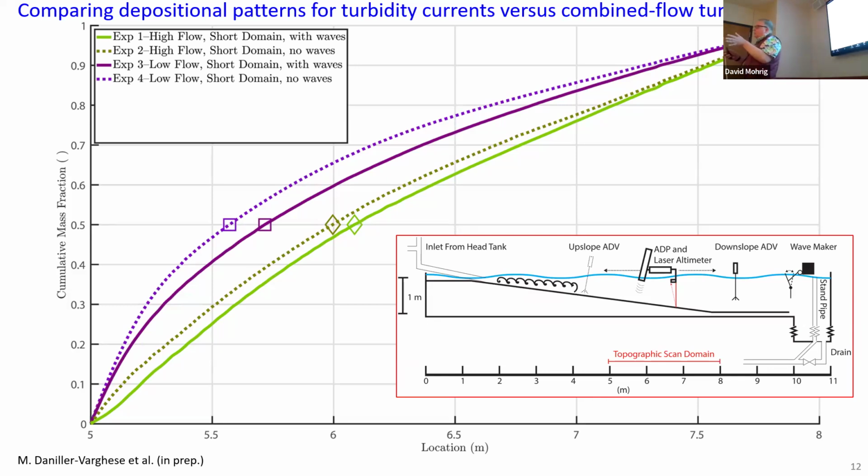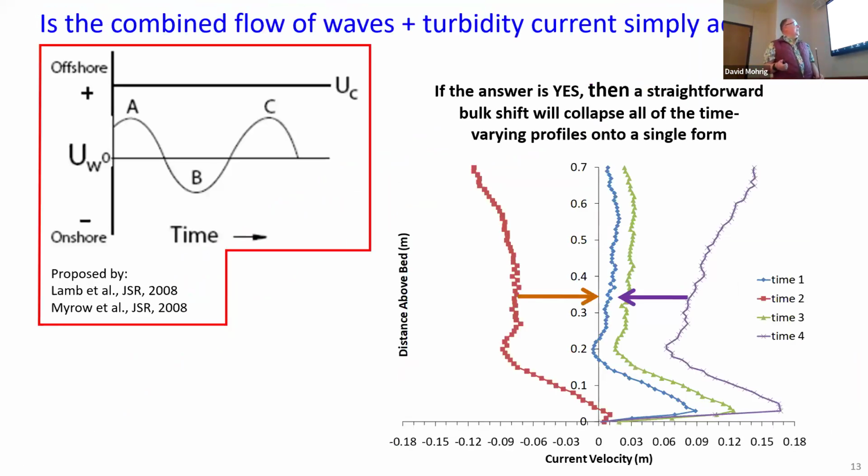So the currents, and these are all very strongly depositional currents in the lab, but for the combined flow currents, we're always getting more sediment further out into the system. So the question was, why is that actually happening? And the first hypothesis we had came out of just asking the question, testing this idea, are these two flow fields just simply additive?